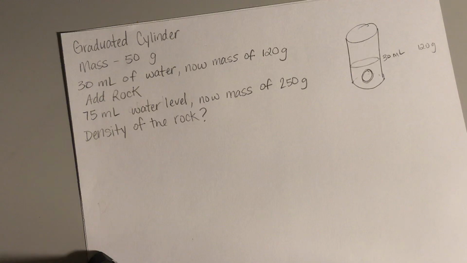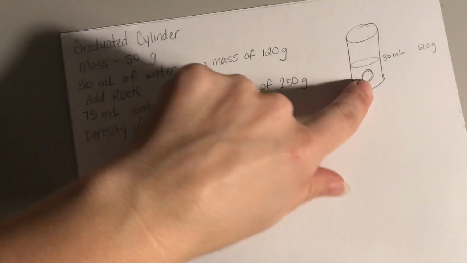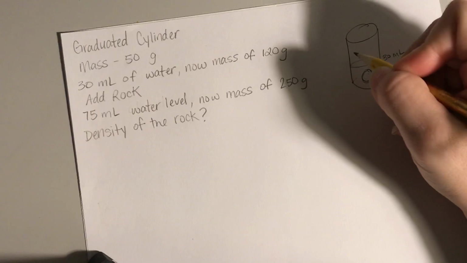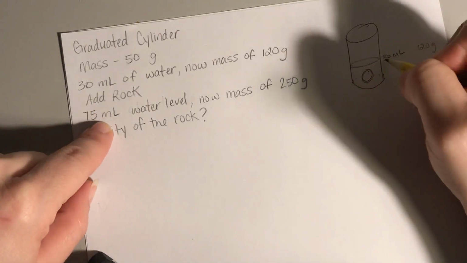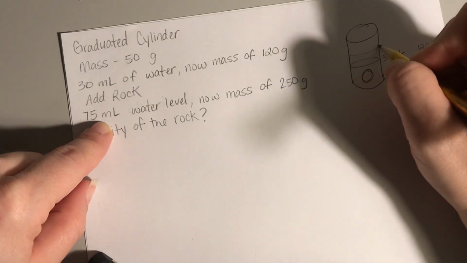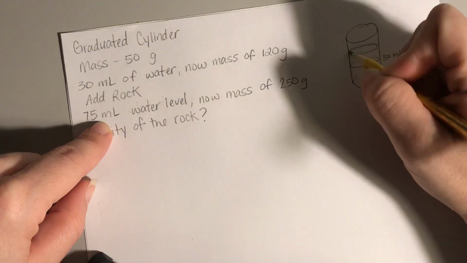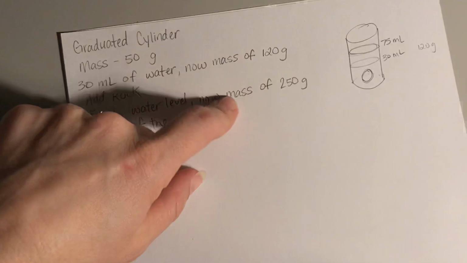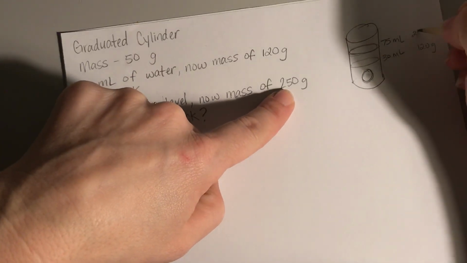Your volume is adding to the volume of the water, and it's going to overflow in the tub. So the volume of the rock increases the water level, and it goes from 30 to 75. And now has a mass of 250 grams, this whole thing.